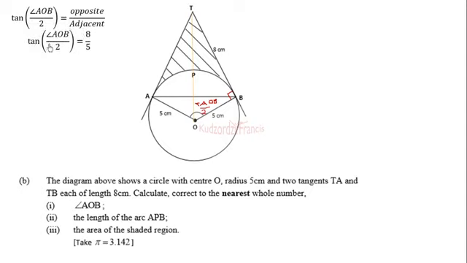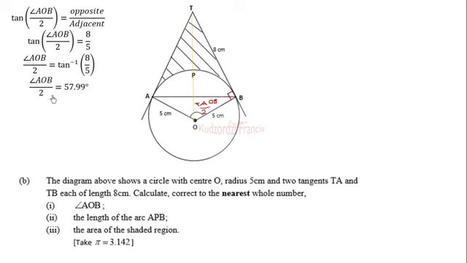So now the tan of this angle, we substitute 8 over 5, and we need to proceed by taking the tan inverse of both sides. So tan inverse of 8 over 5, using your calculator you obtain 57.99 degrees.